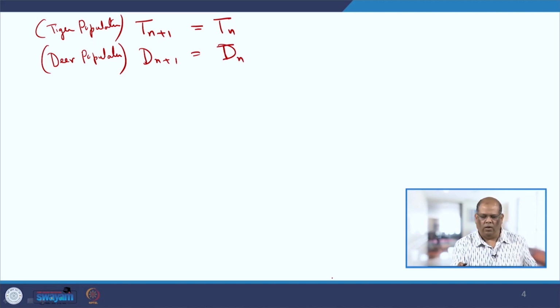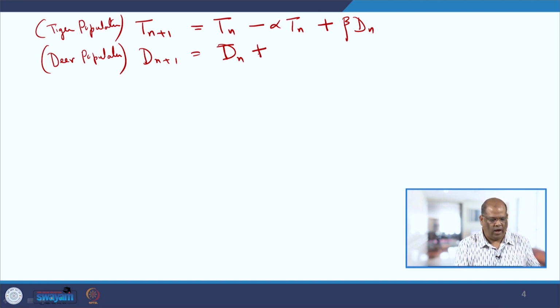Now, without the deer, the tiger will die due to starvation, say at a rate alpha, and with the presence of deer, the tiger will grow, say at the rate of beta. Similarly, in case of deer, if there is no tiger, the deer will grow exponentially, say at a rate gamma, and when there is a presence of tiger, obviously it will eat the deer and hence the deer population will decrease at a rate delta.